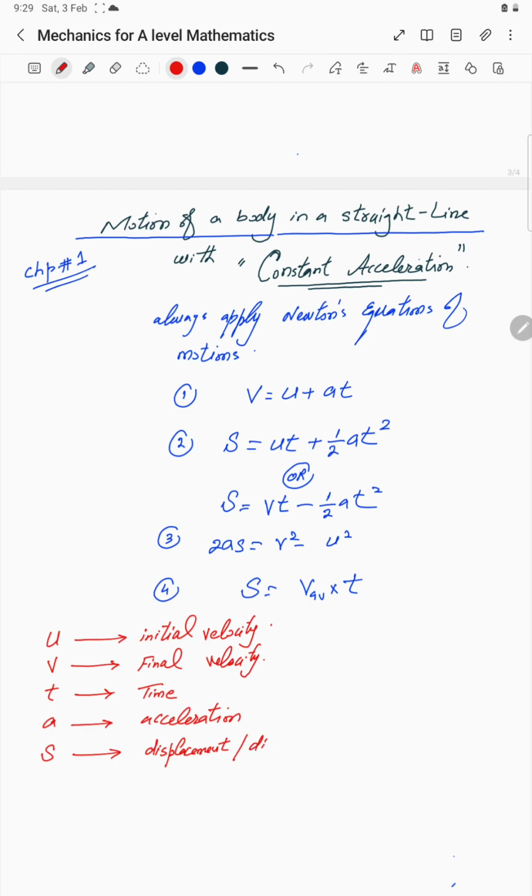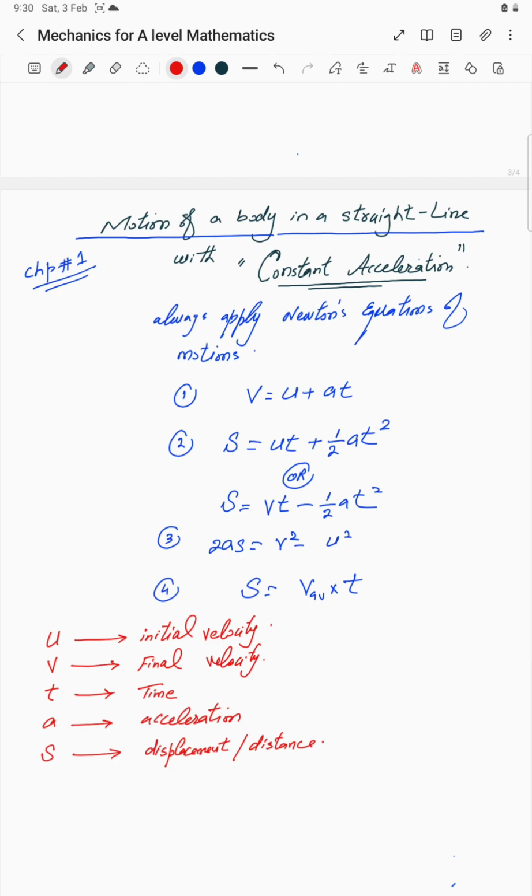Keep in mind, vector quantities can be negative, but a scalar quantity cannot be negative. I will write for you: distance can never be measured with a negative unit, but displacement can be, because it is a vector quantity.